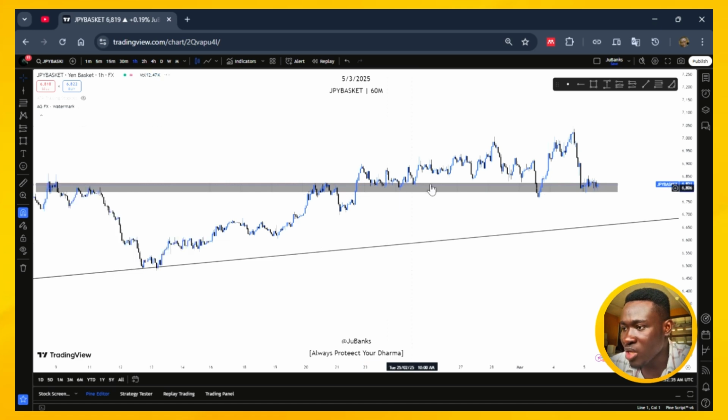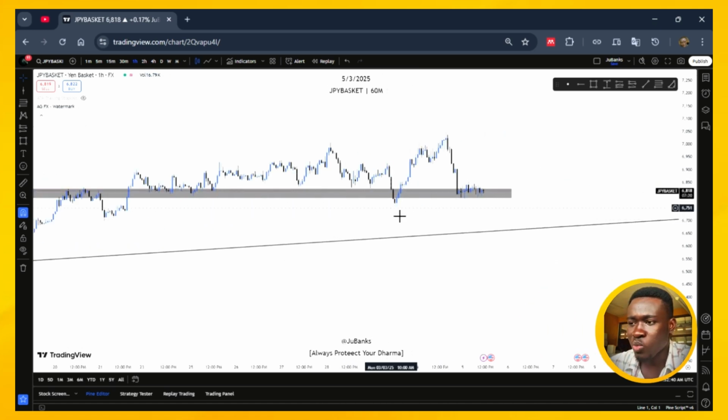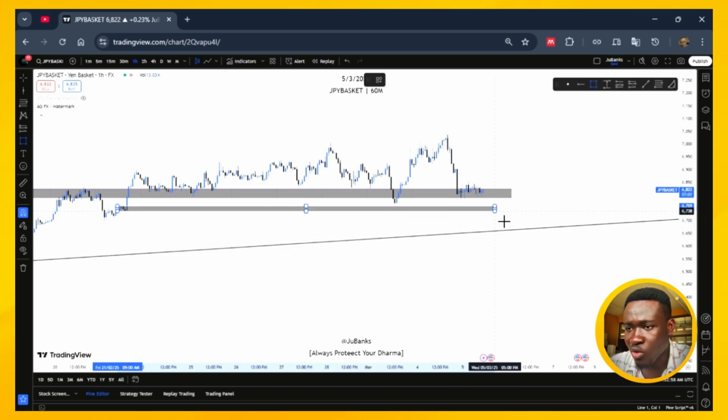Once it broke here, I wasn't really convinced that it had actually broken, because just below this resistance that has turned support, there is another support right here that could prevent price from going any lower.